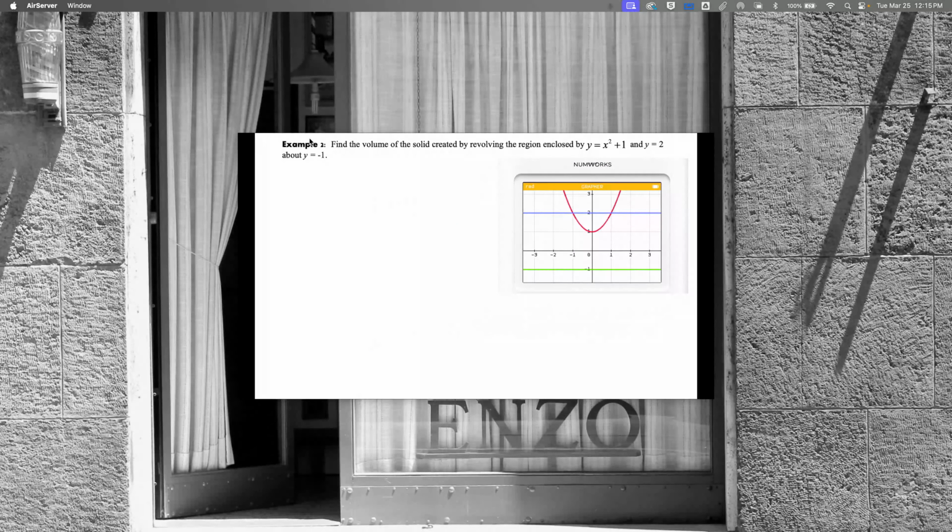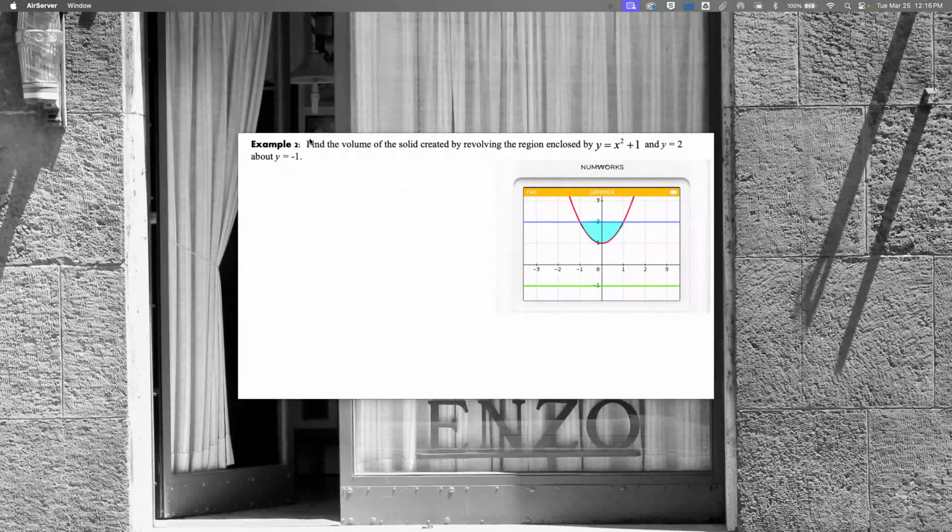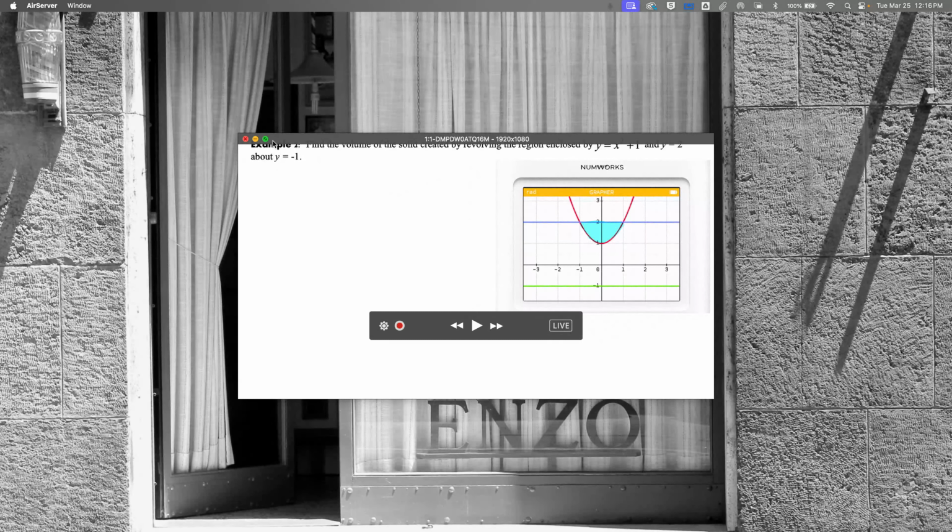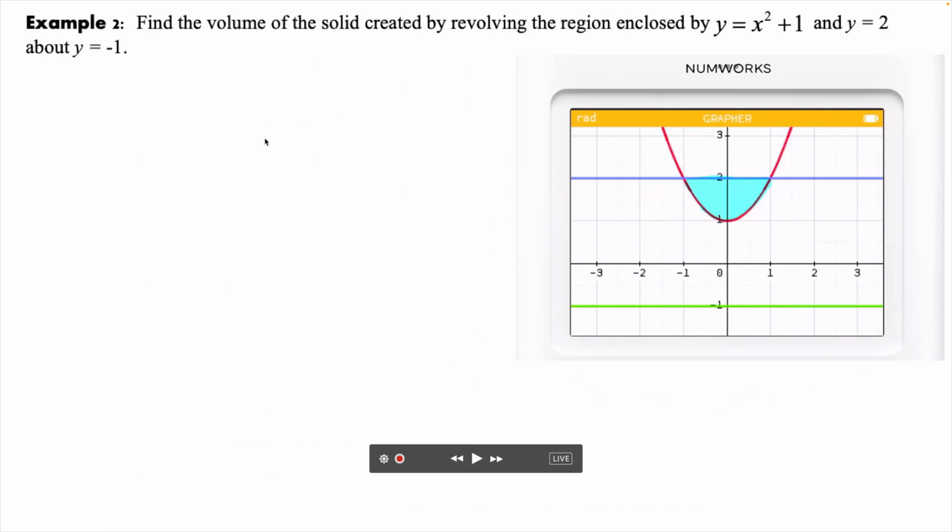The shaded area is exactly the same as the last one. So as you're drawing it, what's the difference between this one and the one we just had?